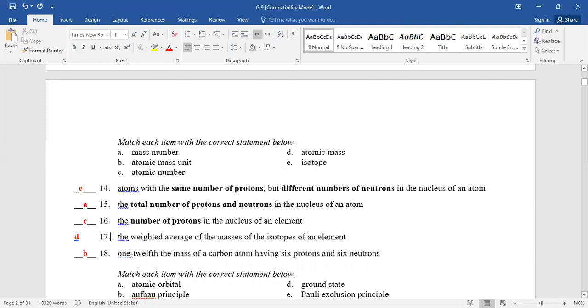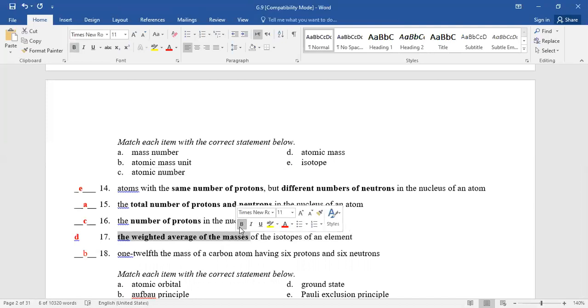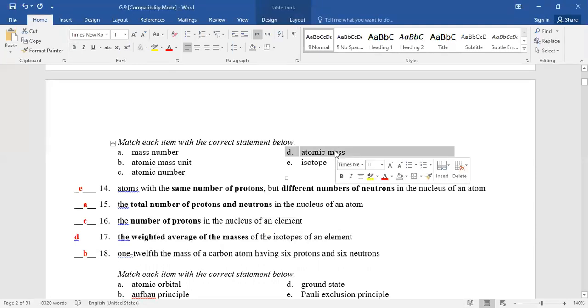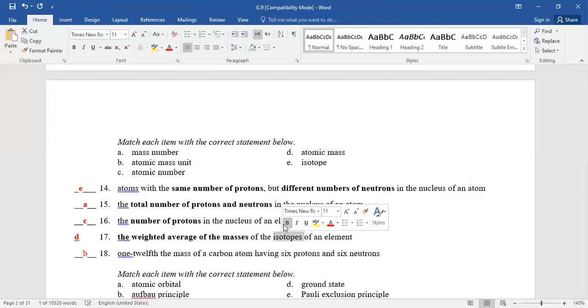17, the weighted average of the masses of isotopes of an element. If I get the weighted average of the masses, it will be atomic mass, and that's number D. So the answer for 17 will be atomic mass. Number 18, one twelfth the mass of a carbon atom having 6 protons and 6 neutrons.